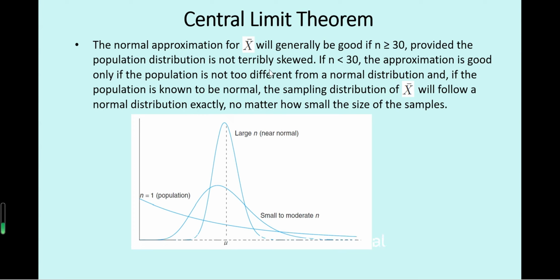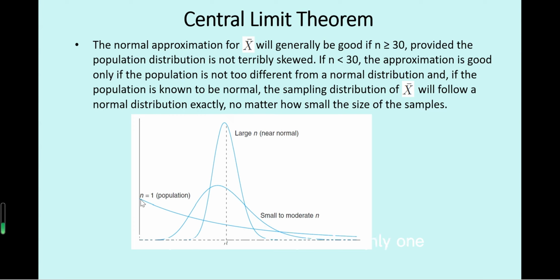But if the population is not normal, you have to be careful with the sample size, at least larger than 30, and the population should not be very skewed, because the normal distribution is symmetric. In this case, the approximation is still good enough to be approximately normal for the sampling distribution of the average. From this figure, we list several sampling distribution density curves.